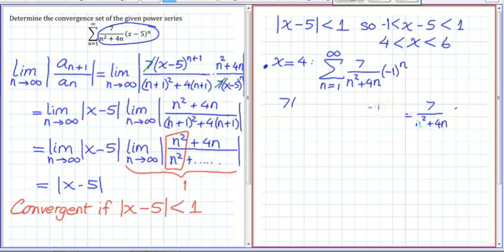So when x equals 4, the series is convergent. When x equals 6, we do a similar thing, put 6 in for x, and we just have 7 over n squared plus 4n. 6 minus 5 is 1, so we just have 1 to the n power, which will be just 1.